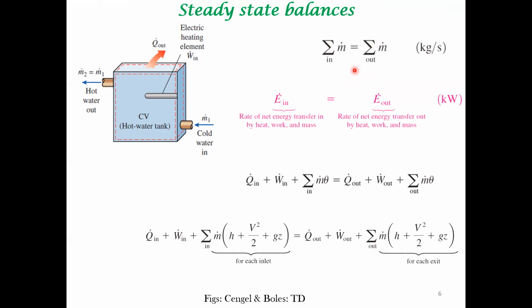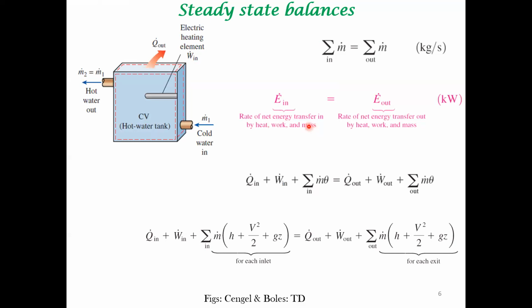Associated with this is the net rate of energy transfer into the system, that can occur in three ways, right? You're already familiar with heat and work interactions. In addition to that, in these flowing systems, there is mass that is flowing in that can also bring in energy.